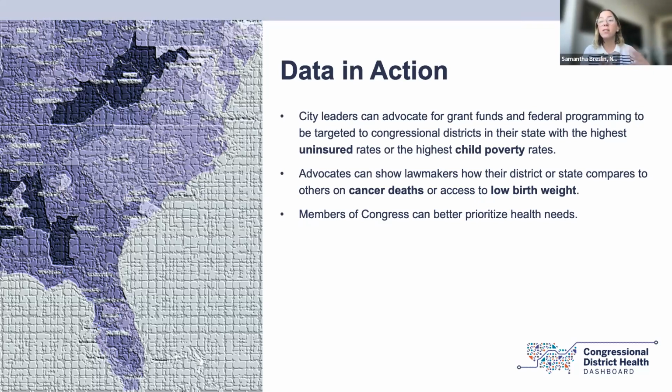Sometimes we need to make sure that we get that on the radar of our federal elected officials. This tool can be really helpful in helping you work with your elected officials to prioritize health and the health of your constituents.